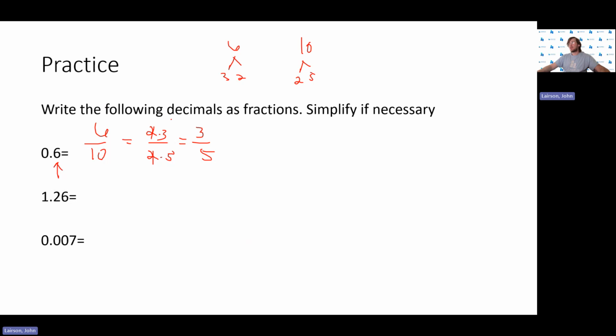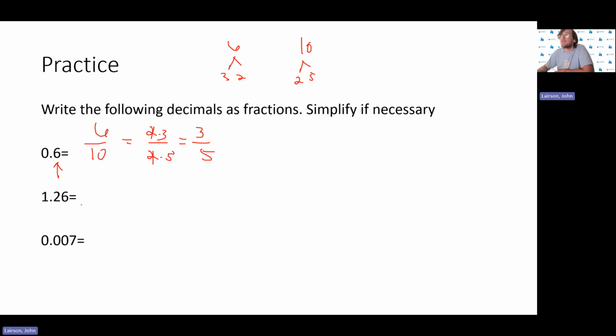I guess I didn't explain this, but it's all just stuff we've been doing. I wrote 6 over 10 because it's in the 10th place, and then I wanted to simplify it. So I wrote the factor trees, wrote the prime factorization, and then saw that a 2 cancels out, leaving 3 on the top and 5 on the bottom. Okay, 1.26.